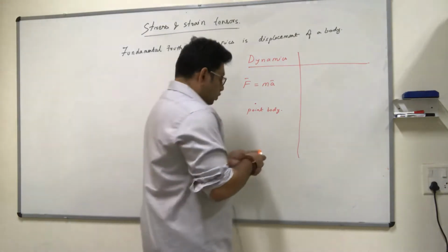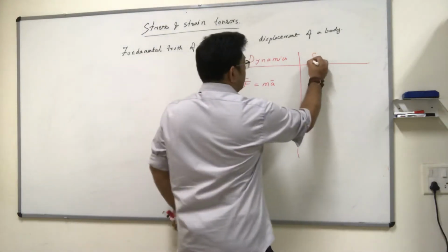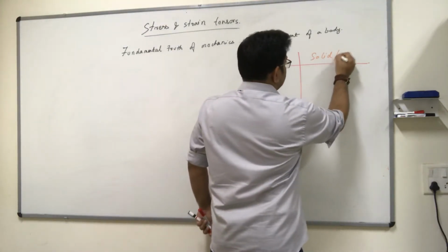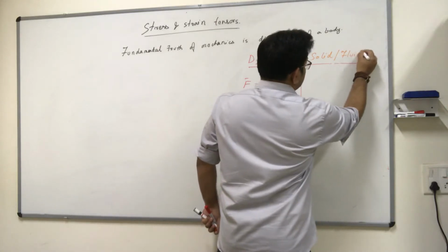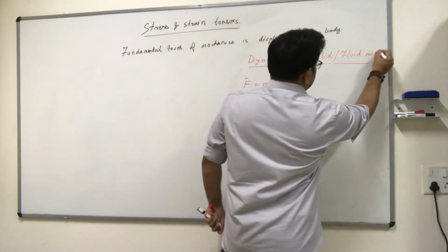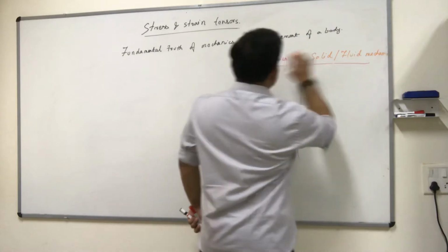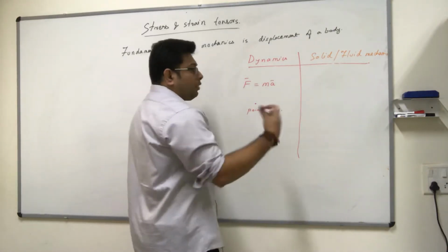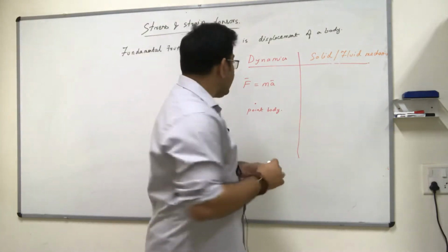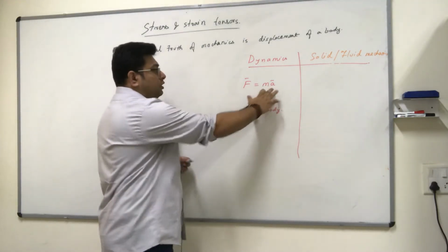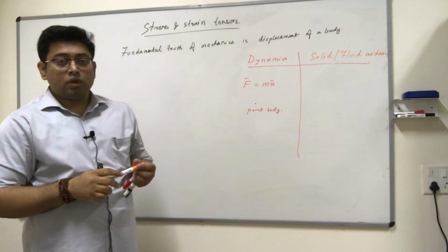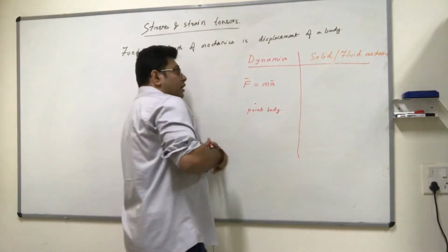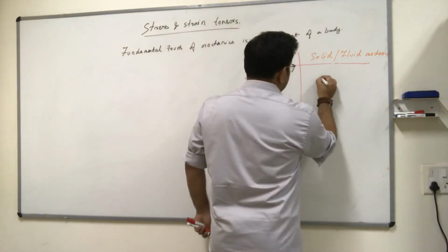Now when we come to solid or fluid mechanics, so this is Newtonian dynamics, but the moment we come to solid and fluid mechanics, our equations change. Okay, and instead we do not encounter forces so much anymore. Instead, what we do encounter are equations like this.